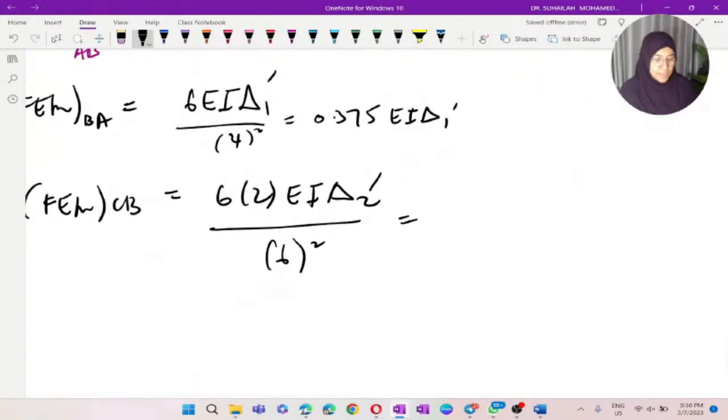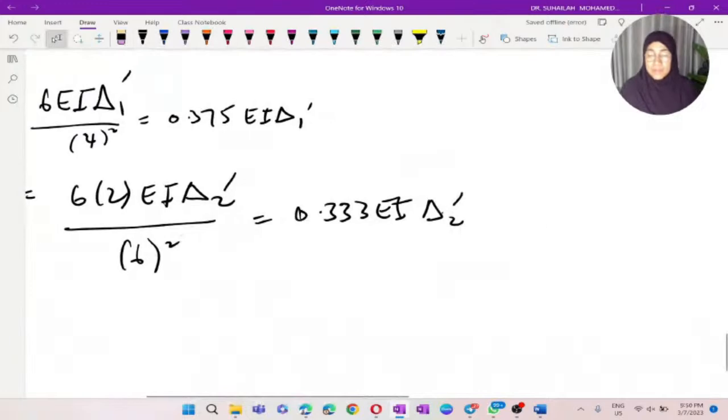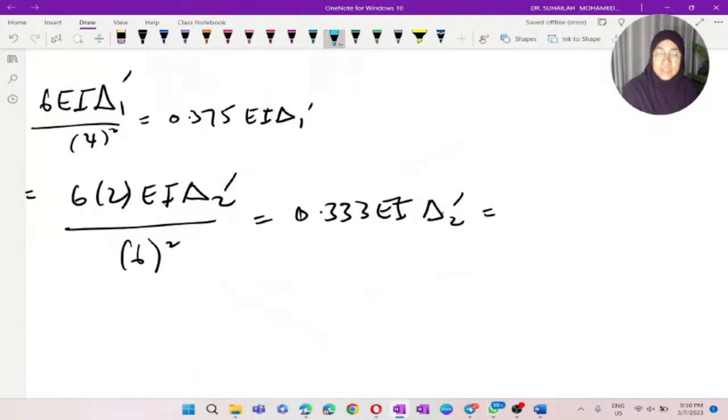So we get 6 times 2 divided by 6 square, it is 0.333 EI delta 2 prime. And we have to change this delta 2 in terms of delta 1 prime.